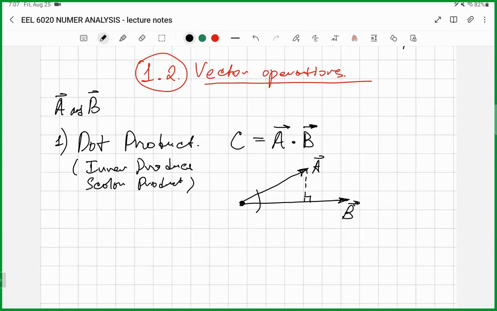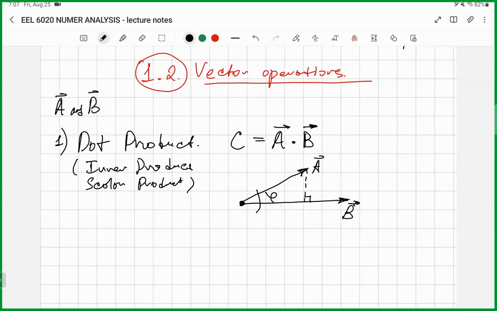As a result I get this angle phi between these two vectors, and from this geometrical meaning I see that if the vectors a and b are orthogonal, or normal, right, the projection of vector A on vector B will be 0.